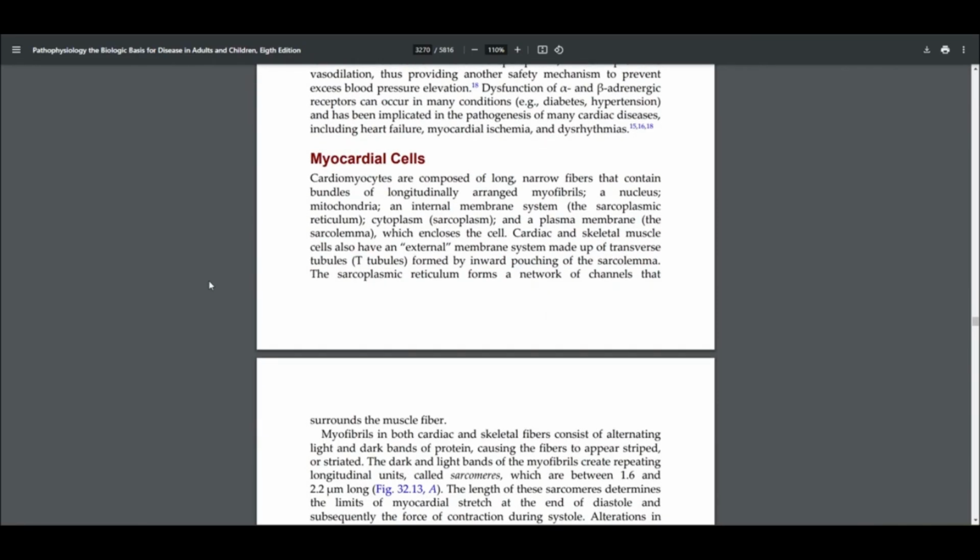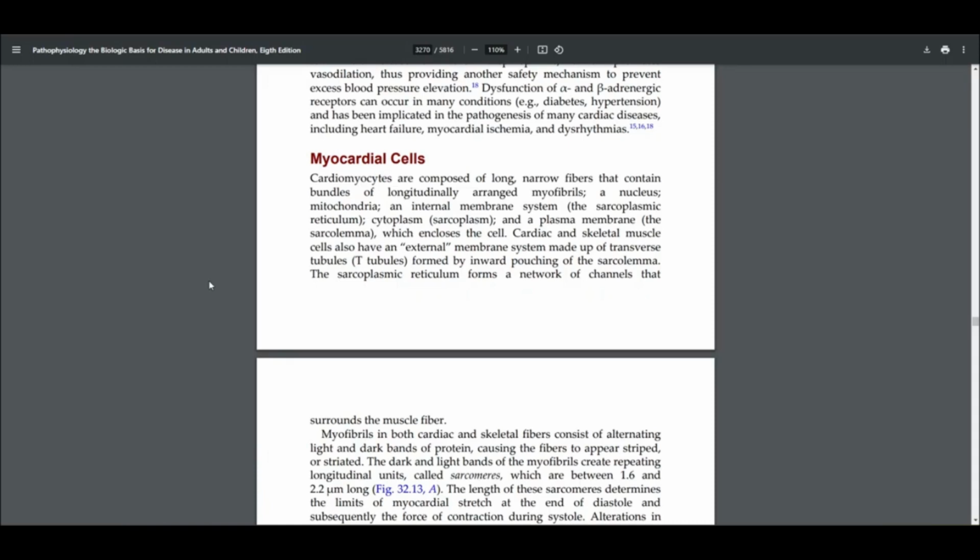Your myocardial cells, or cardiomyocytes, are composed of long, narrow fibers that contain bundles of longitudinally arranged myofibrils, a nucleus, mitochondria, an internal membrane system such as the sarcoplasmic reticulum, cytoplasm or sarcoplasm, and a plasma membrane, the sarcolemma, which encloses the cell.